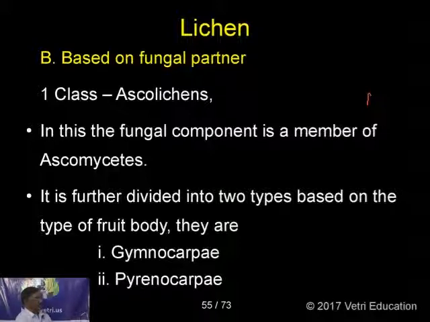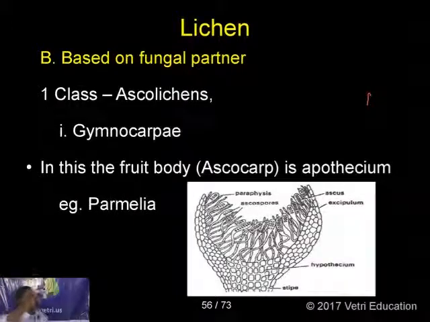Based on this, there are again two types, called gymnocarpae and pyrenocarpae. In gymnocarpae, the fruiting body is an apothecium, just like a bowl-like structure.